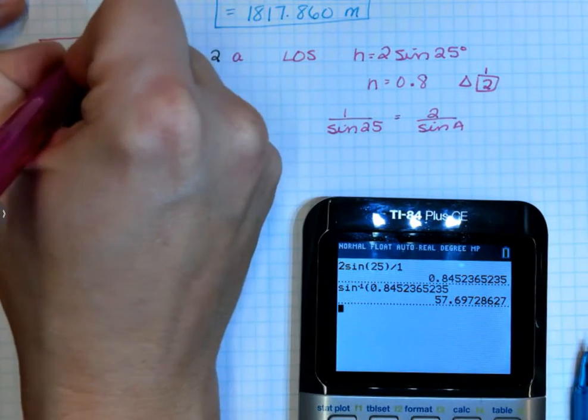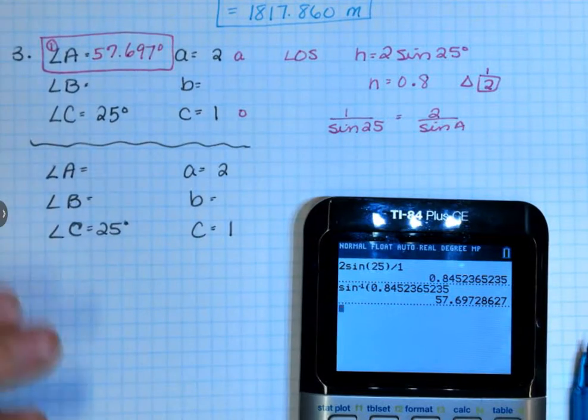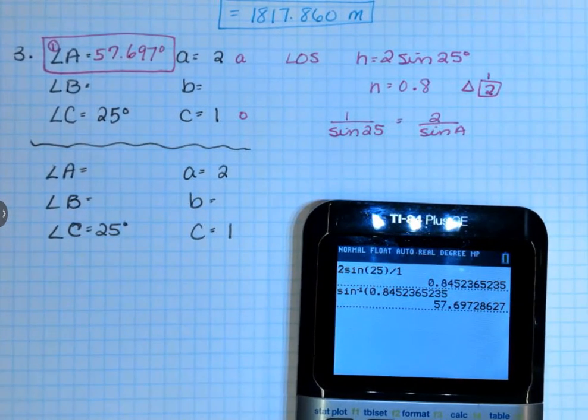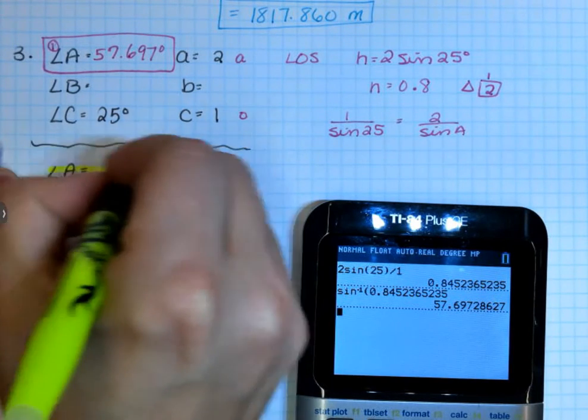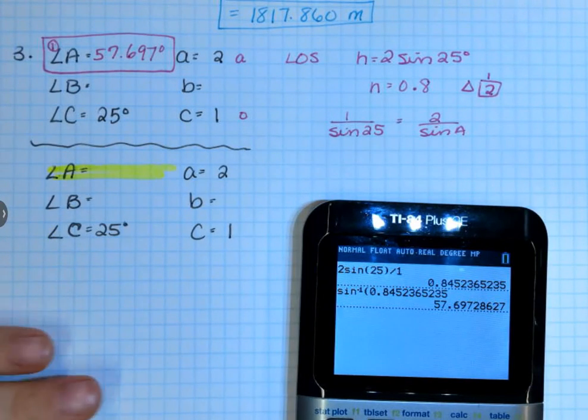So I have 57.697 degrees. We all okay so far? Once you have that first angle, and you know we have 2 triangles, you're going to take that angle there, and you are immediately going to stop and subtract that angle from 180.